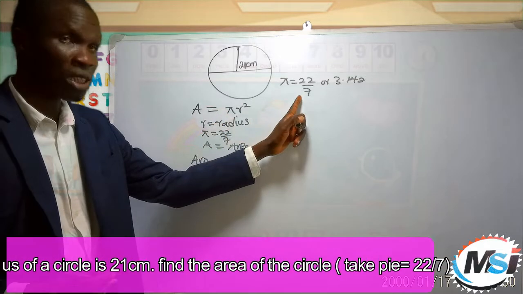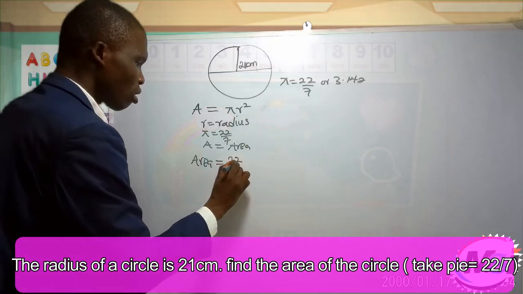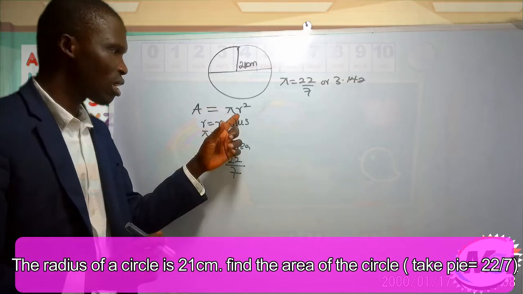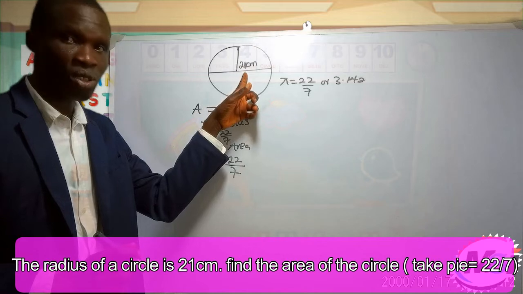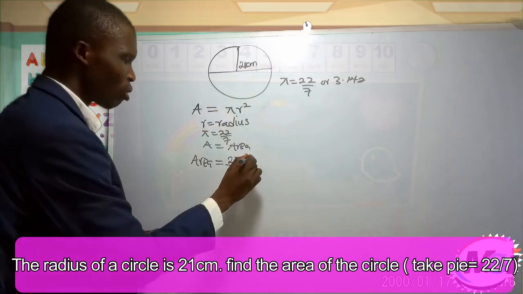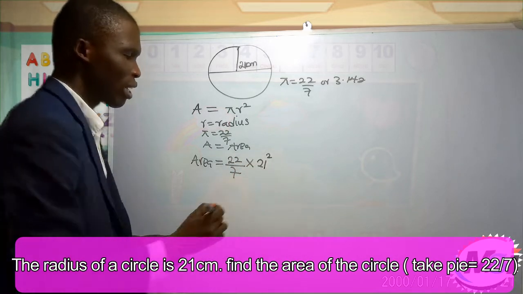Pi is given to us as 22 all over 7. Just write it, 22 all over 7. The next thing to do is r. What is r? R is given to us as what? 21 centimeter, which is radius. So this will give us 21 squared.